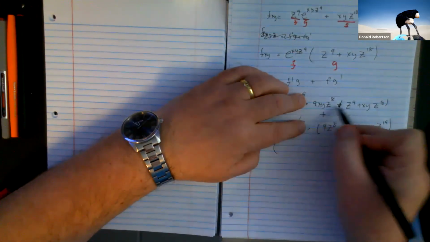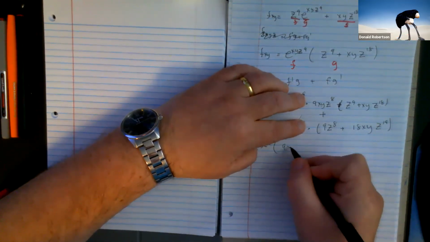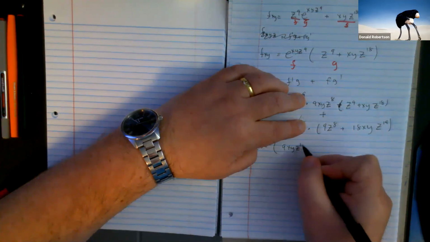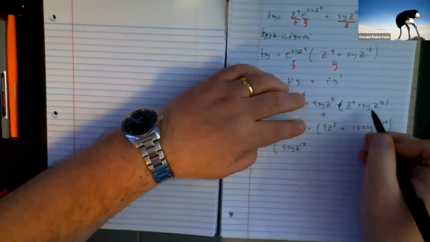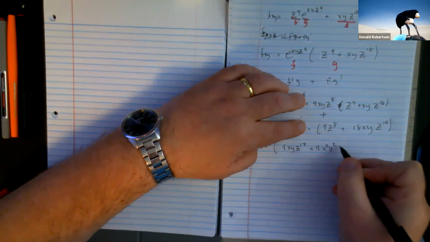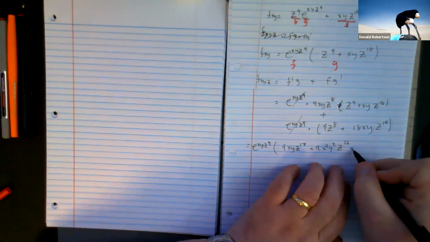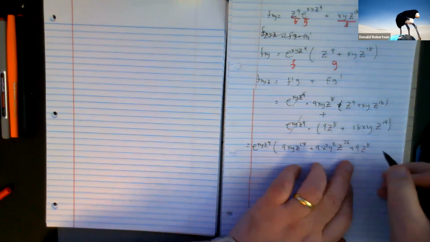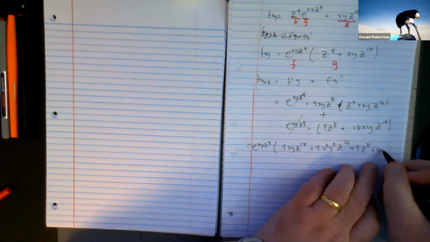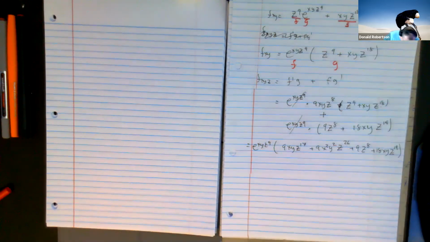Now I've got this plus all of that. So this times this gets me 9xyz to the 17. This times this gets me 9x squared y squared z to the 26, plus this guy, plus that guy.